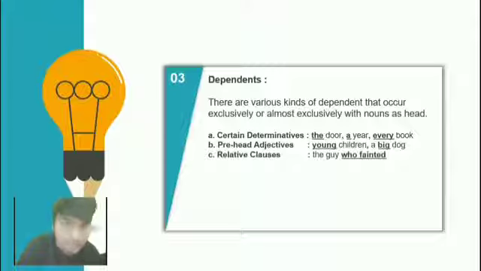B, pre-head adjectives, like young children and a big dog. Young is the pre-head adjective. It makes the phrase more specific, like young children or a big dog, a small dog. And C, relative clause. The example is the guy who fainted. The relative clause is who fainted.